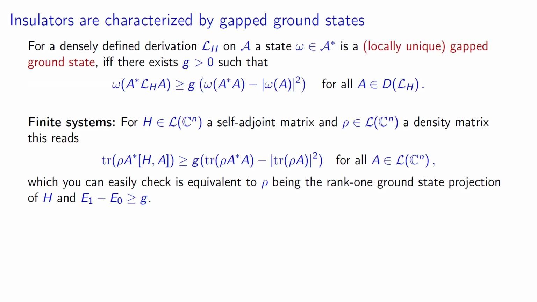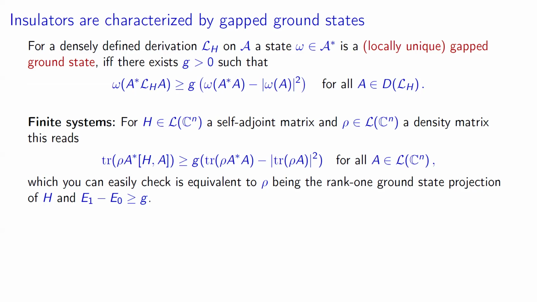is equivalent to rho being the rank 1 ground state projection of this matrix, and the next eigenvalue is at least G above 0. So this condition in the finite case, you can also do this for bounded operators on infinite dimensional Hilbert spaces, but as an exercise, this would be the easiest to see how they are connected.